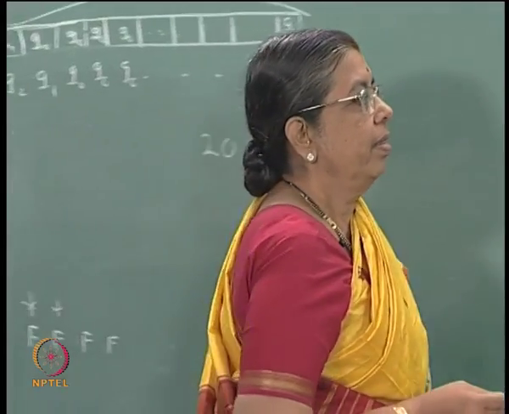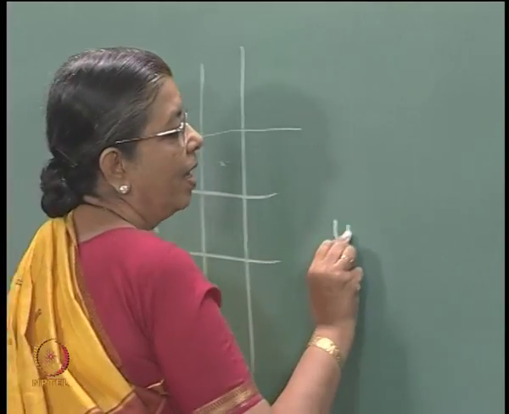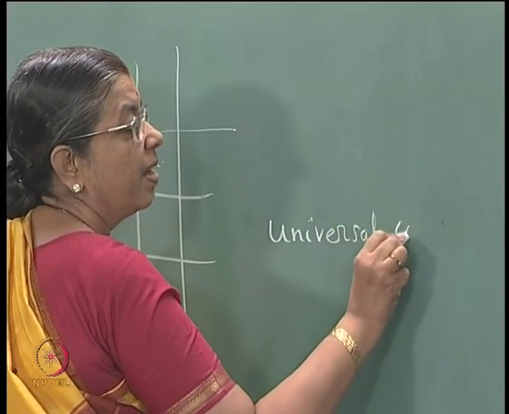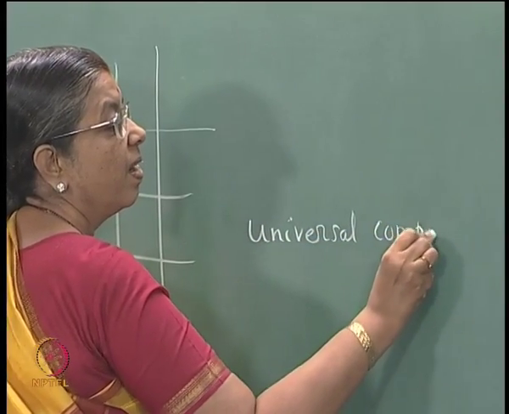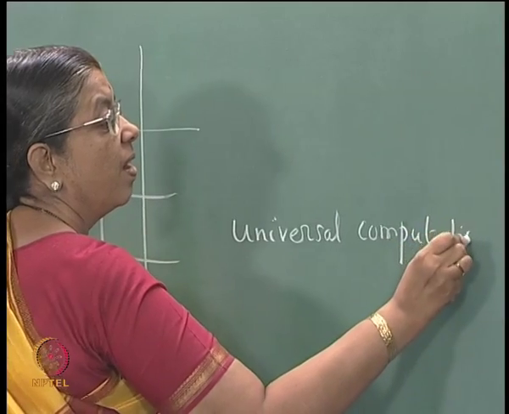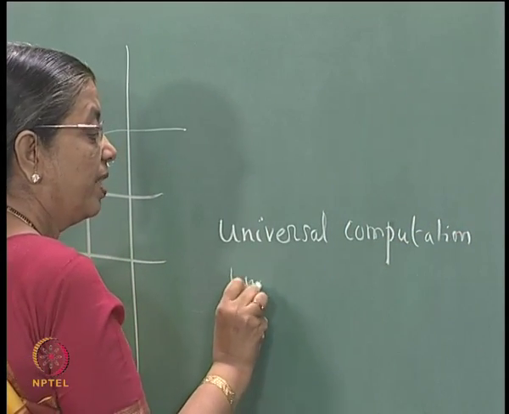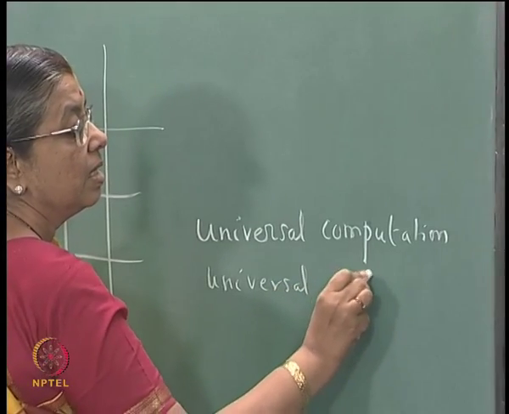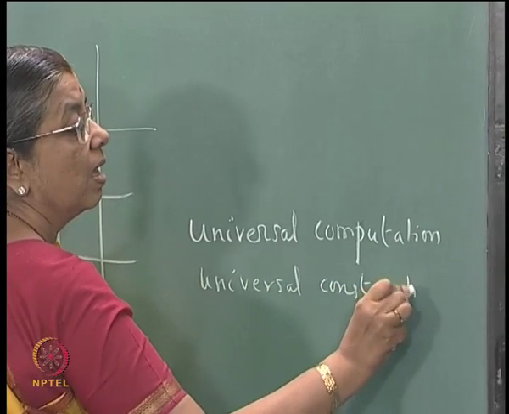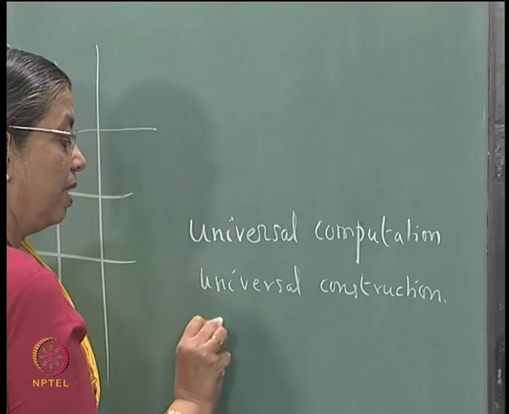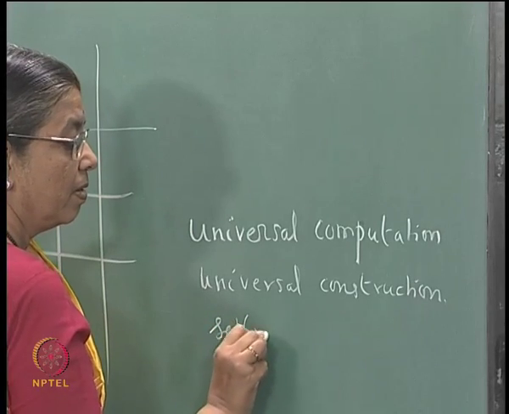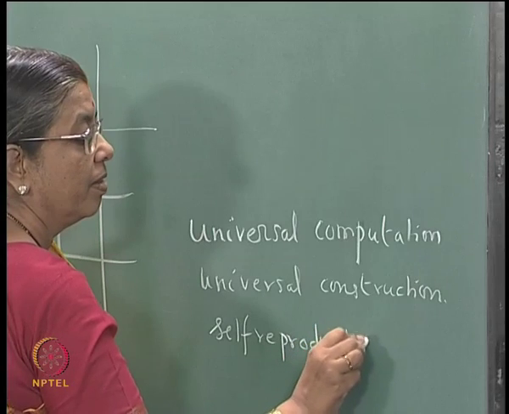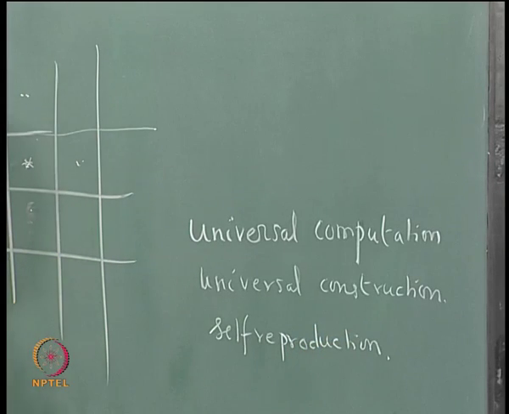Then they talk about universal computation, universal construction, self reproduction. These things are talked about in cellular automata.